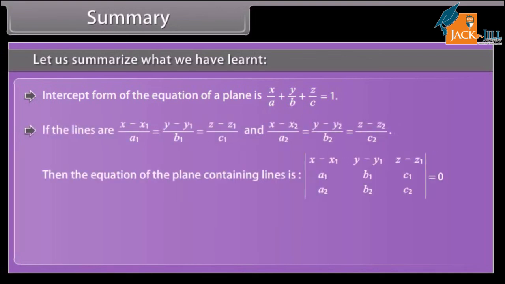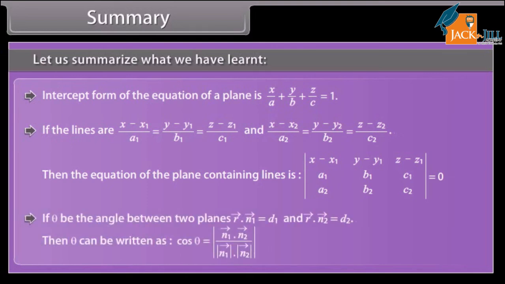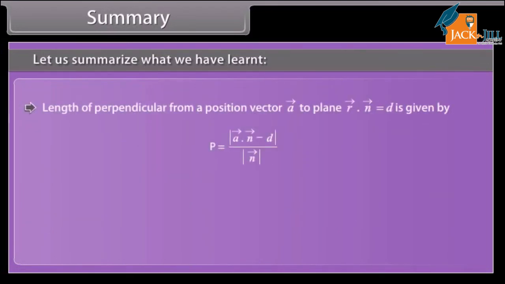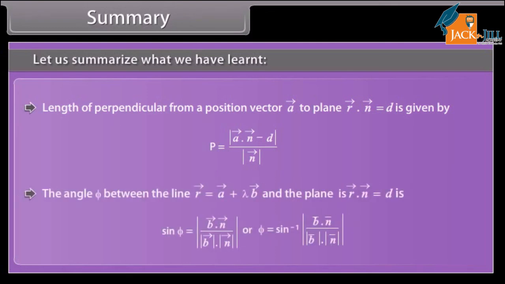The equation of the plane containing two lines is given. If theta be the angle between two planes, then theta can be written as given. The length of perpendicular from a position vector A to a plane is given by the formula, and the angle phi between the line and the plane is given.